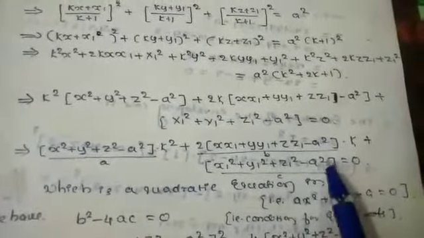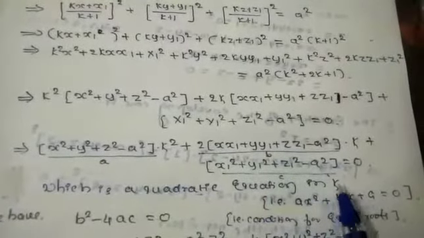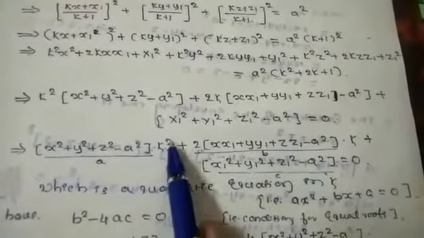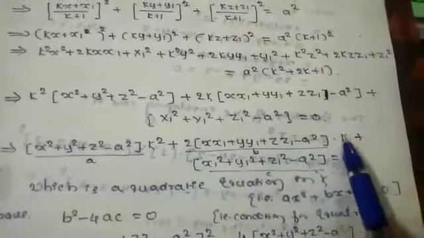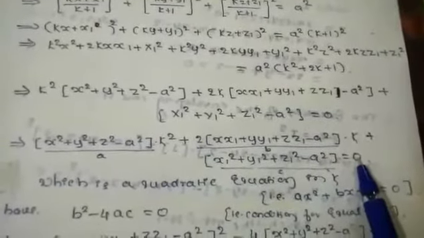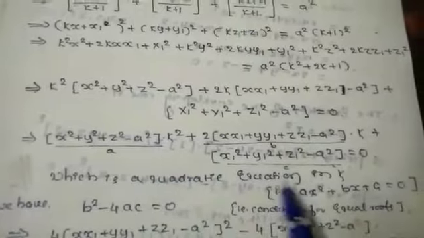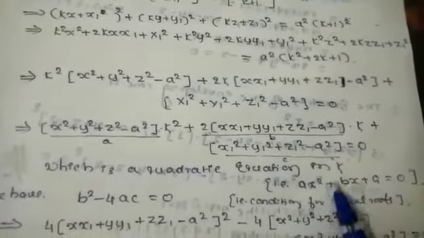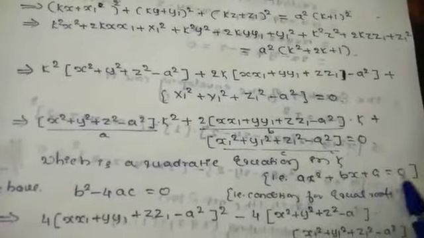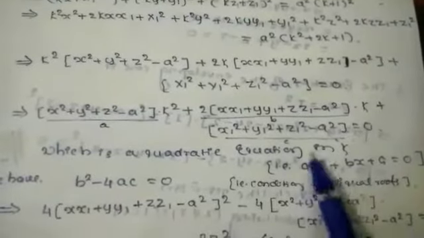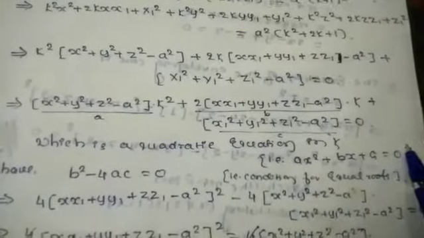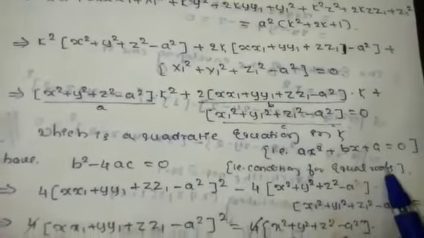On writing this, we see that this is a quadratic equation in k, of the form a k square plus b k plus c equals 0, like ax square plus bx plus c equals 0. If the equation is of this quadratic form, then we can apply the condition for equal roots.